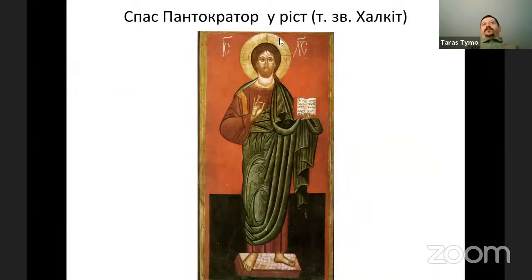Again, a full standing figure of the Pantocrator, which has the same motifs, the same elements and attributes, but just full figured. Since he's standing on this footstool, it's still a kind of reference to the throne.